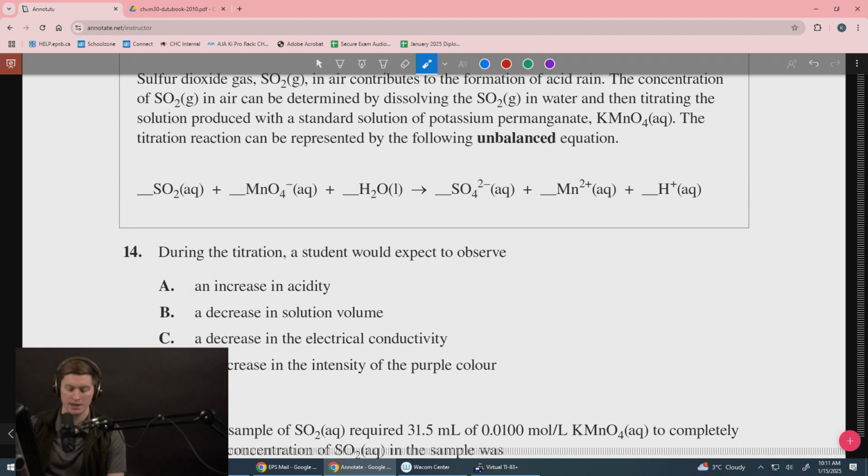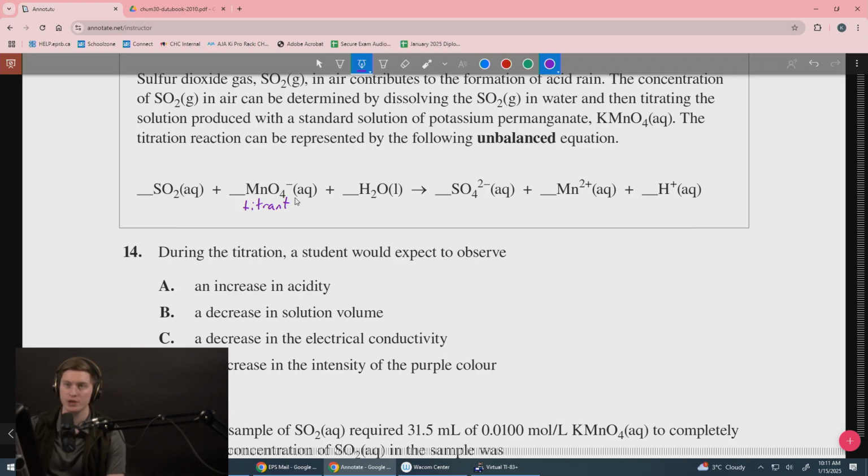All right. Now, keep in mind, here's our reactants. One of these is our titrant, and the other one is our sample solution here. So we are going to titrate it with, this is our titrant here. I'm just going to put a little label here that this is our titrant. And then it's not asking me to balance this reaction yet. I'll have to do that for question 15.